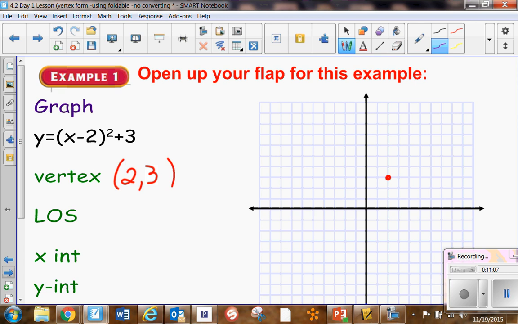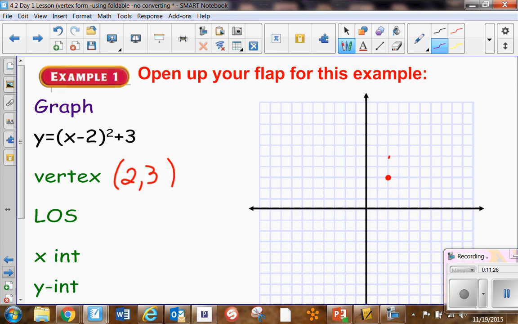Okay, now wait. Where did we get our line of symmetry? What did it share with the vertex? Did it share the x value or the y value? The x value. This right here, this is out 2 spaces. All of these numbers here are going to be out 2.